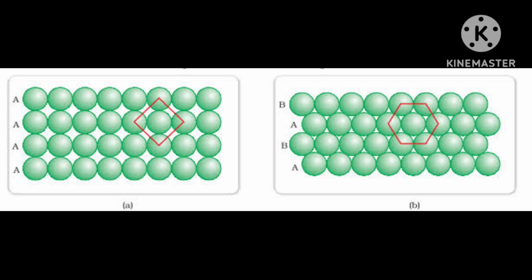Now in these two arrangements, in the first arrangement, A type, if you see any four spheres and their centers are joined, total 5, the fifth you keep in the middle, and the other four will be in the corners. If you see the diagram, you will find the fifth one is in the middle, just like a square.